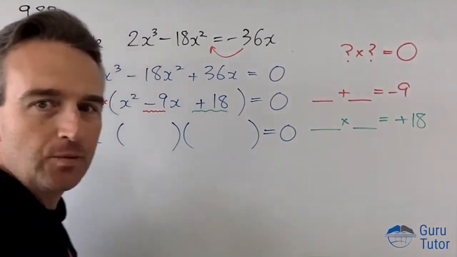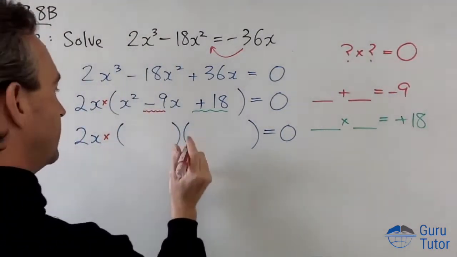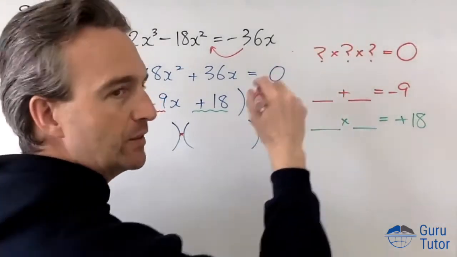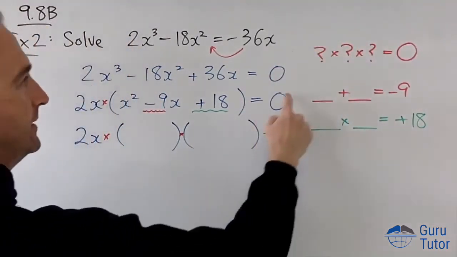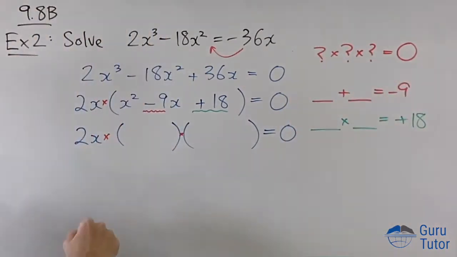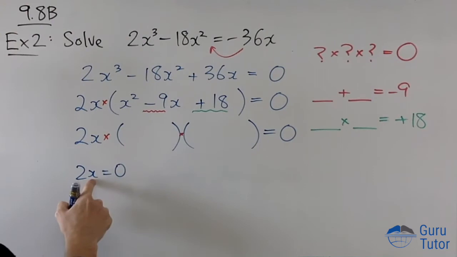And you know what? I'm not going to do the answer. I want you to figure this out. So we've got something times something times something, so we're going to get 3 solutions. Something times something equals 0, which means this could be 0. I'm going to give you the first one: 2x equals 0. What's the solution to that? 2 times what equals 0?